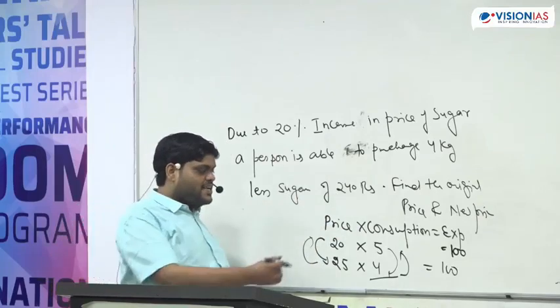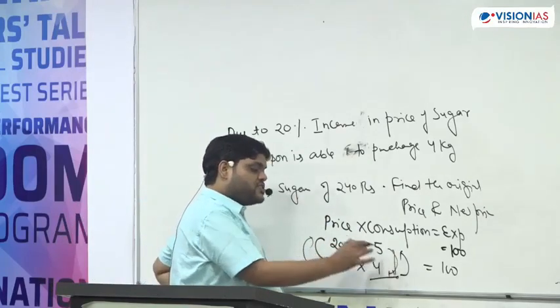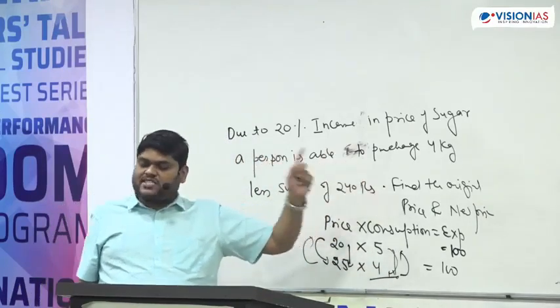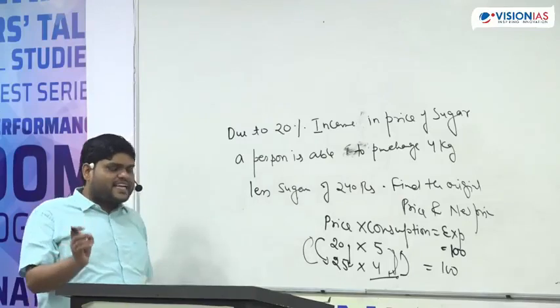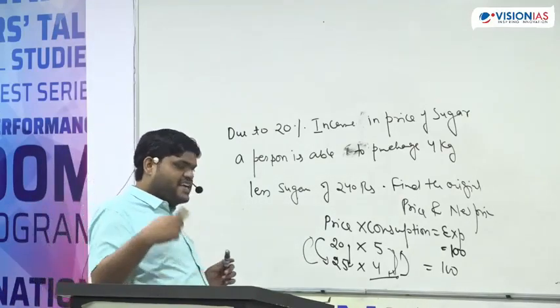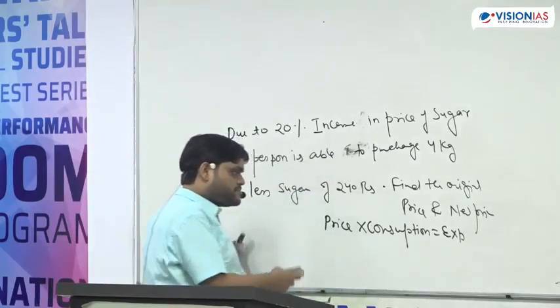Why? You know that when price is increased, now the consumption should decrease. And that's why consumption is decreasing. And how much consumption is decreasing? 4 kg consumption is decreasing. Now, there is a traditional method. There are so many shortcuts for this. First, I am going with the traditional method.